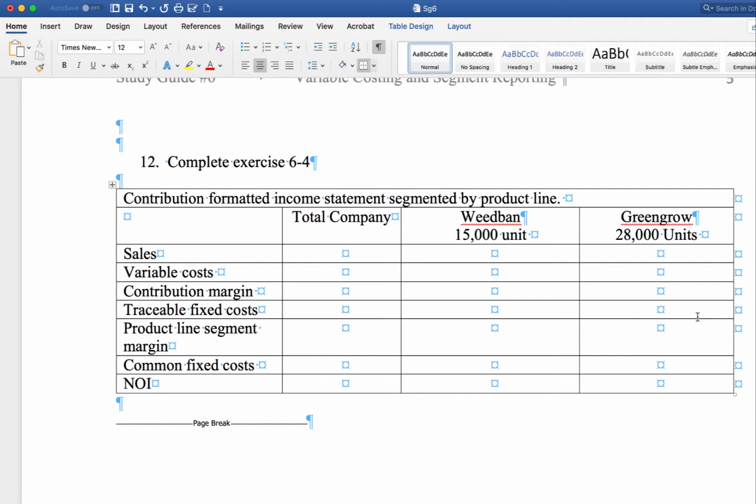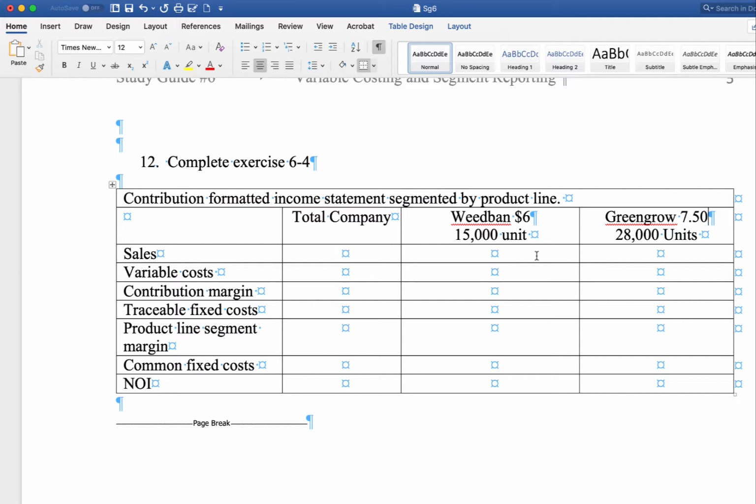Okay? And we know what the sales price is for weed ban and for green grow. Weed ban, the selling price is $6. For green grow, the selling price is $7.50. Okay.